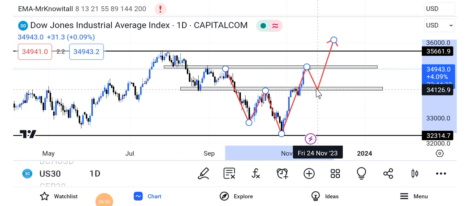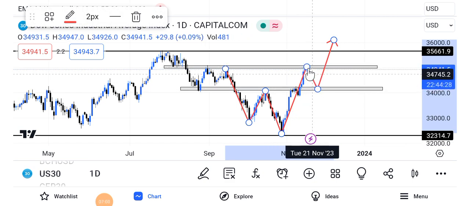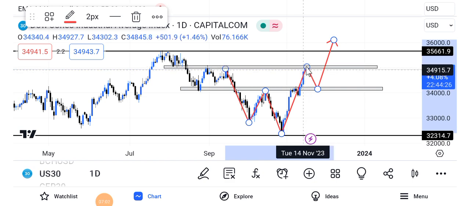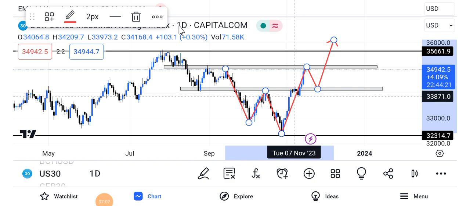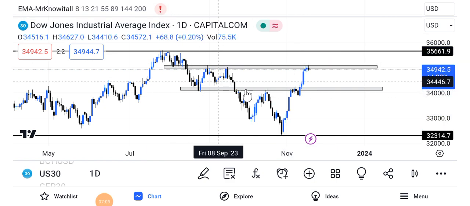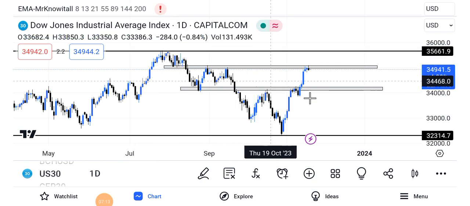So you can see that we're going to be expecting the market to come and do what? A retest around this area right here. And again, if you can check, guys, the market has been moving on a downtrend.